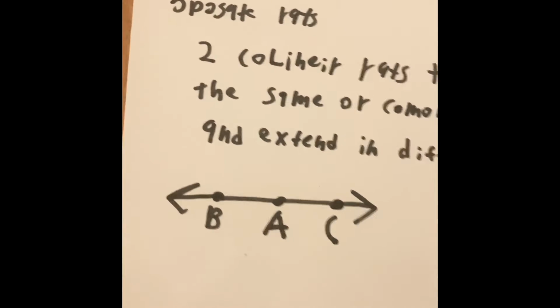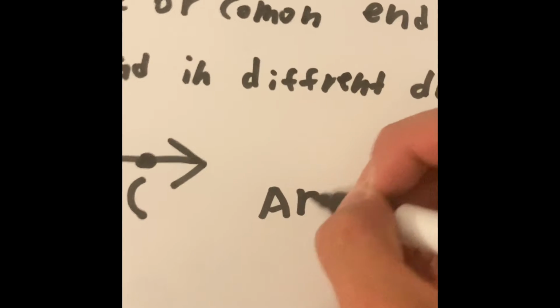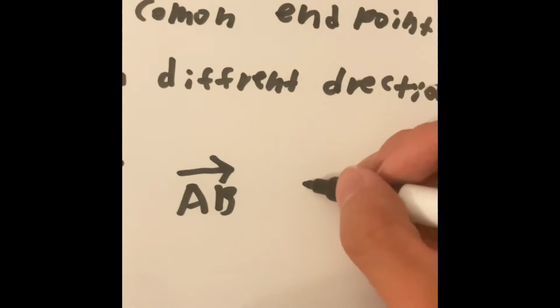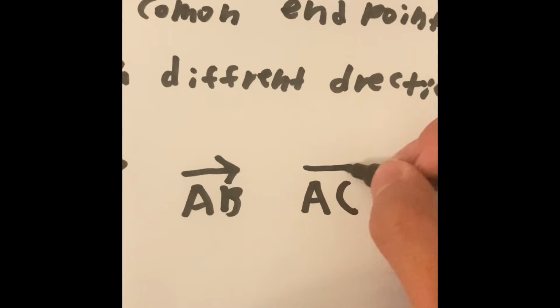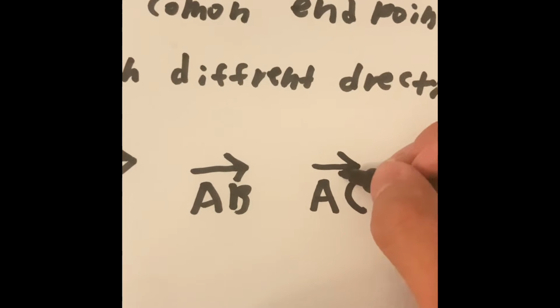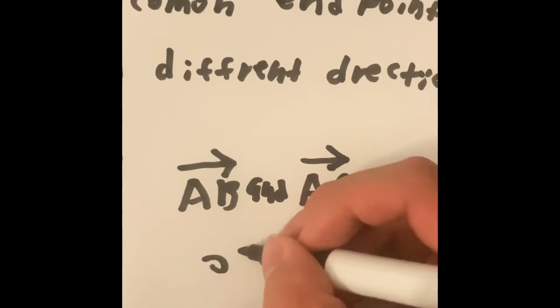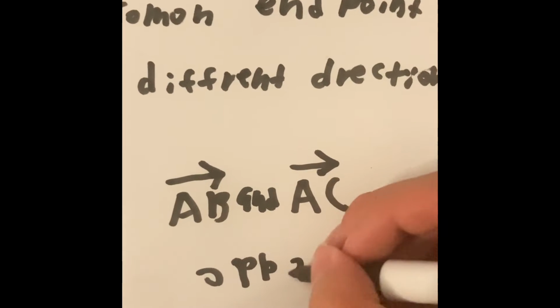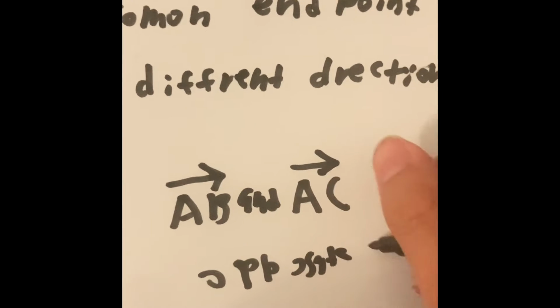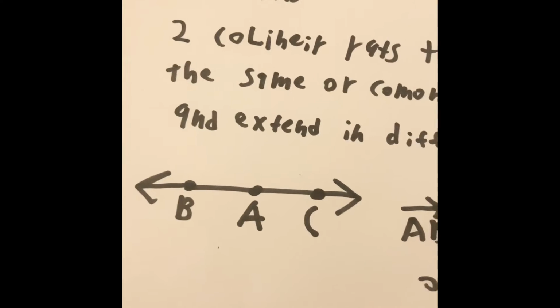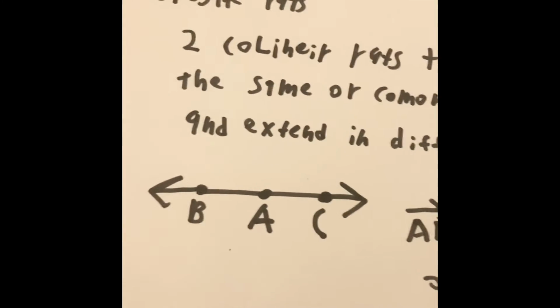Well, we can say that AB as a ray and AC as a ray are going to be opposite rays. The reason why is a ray is where it starts at something and it goes on forever and ever to a different direction.